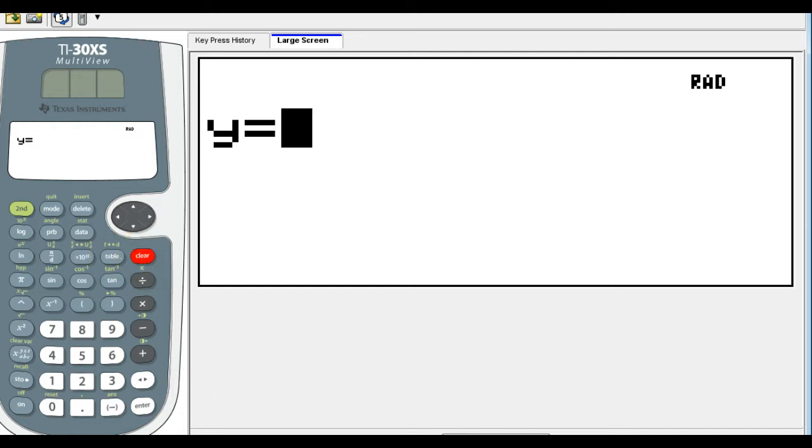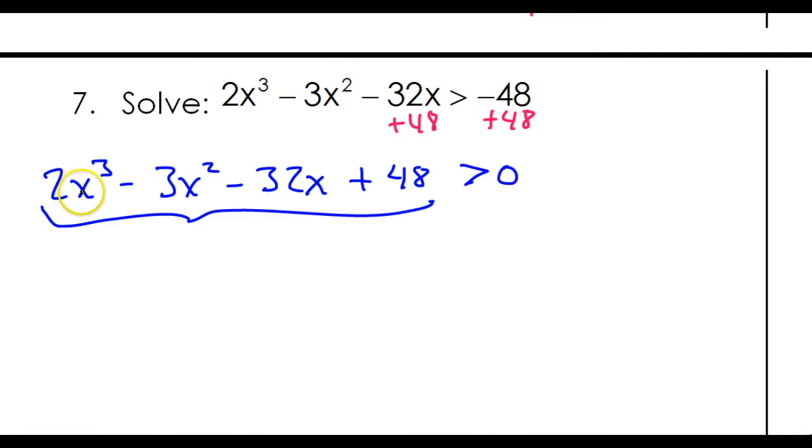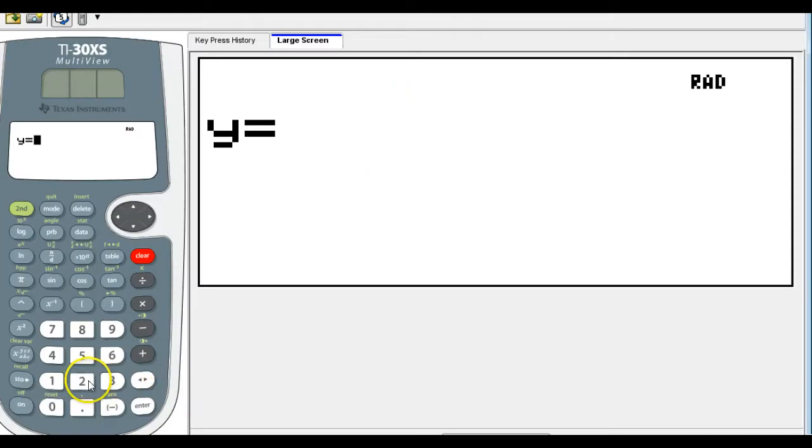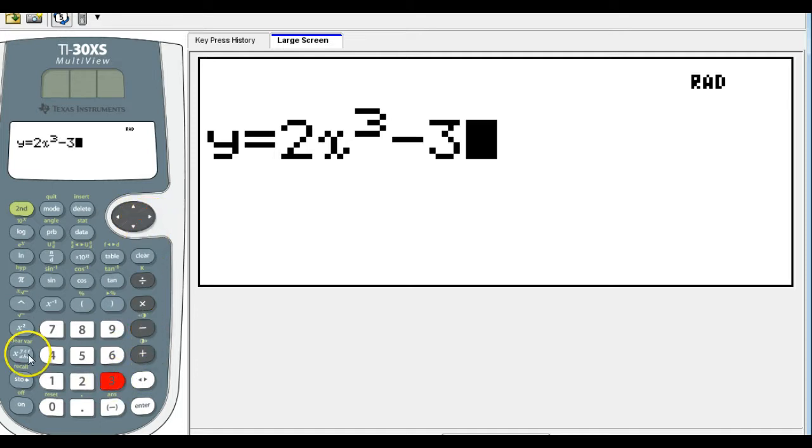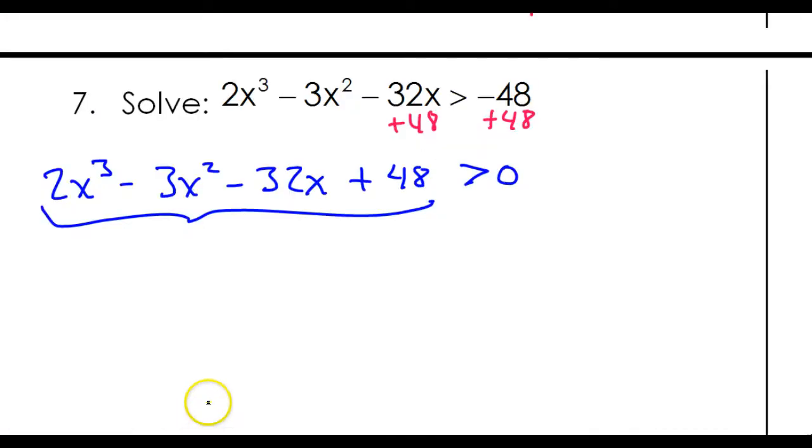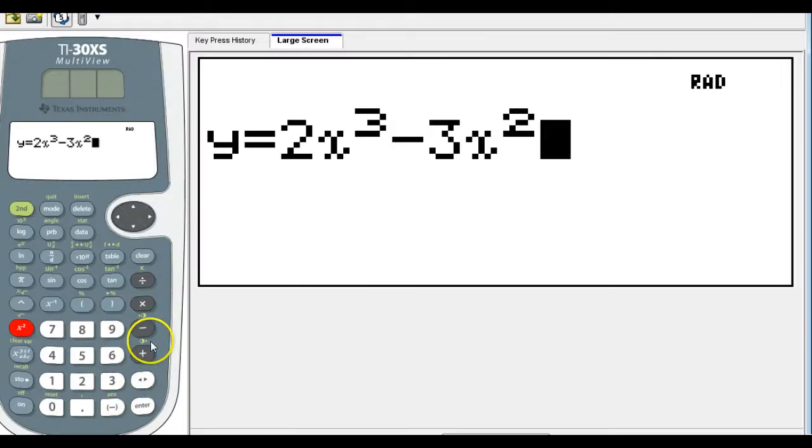So 2x to the third power minus 3x squared minus 32x plus 48.